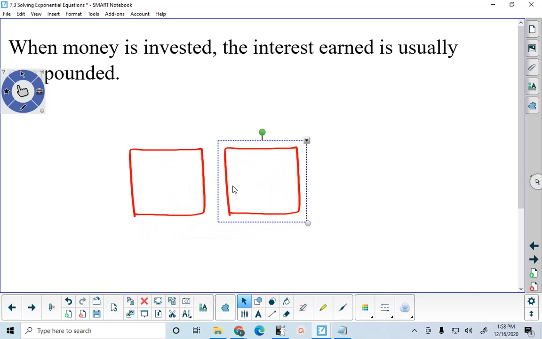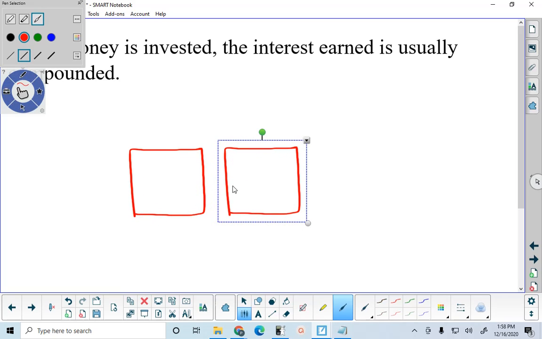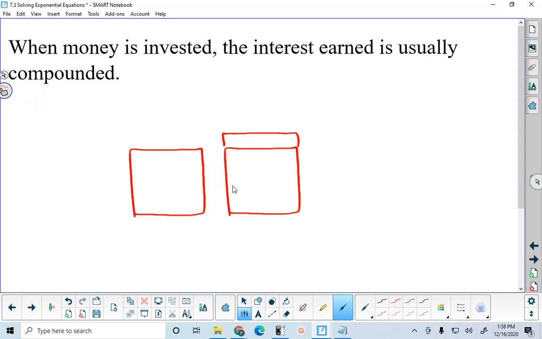And then a little period of time later, maybe it's after 6 months, maybe it's after a year, you get a certain percentage of what you started off with. And let's say that that's 20%. So this piece right here is 20% of this piece.